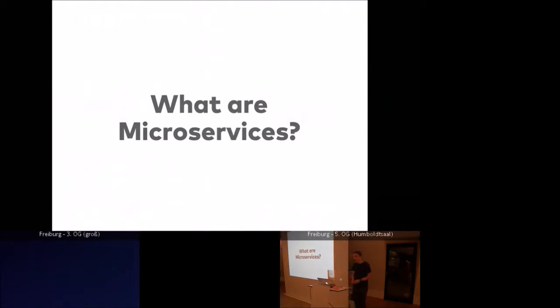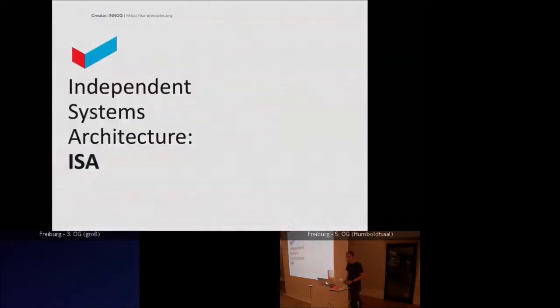So what we came up with to get a better understanding about what microservices are and to give some best practices is this independent systems architecture. So first of all, we changed the name, so we are focusing on independence. This is really what I think microservices are about.